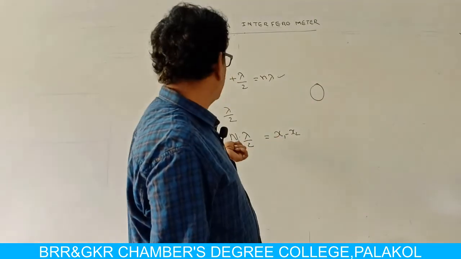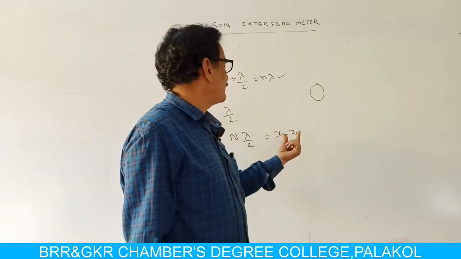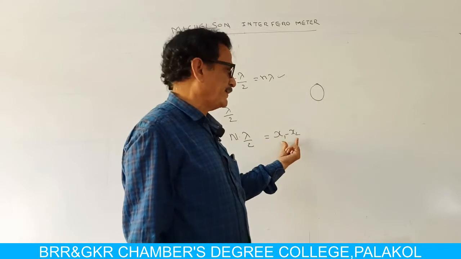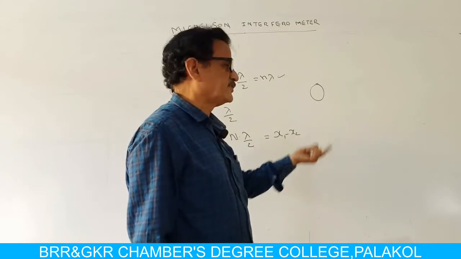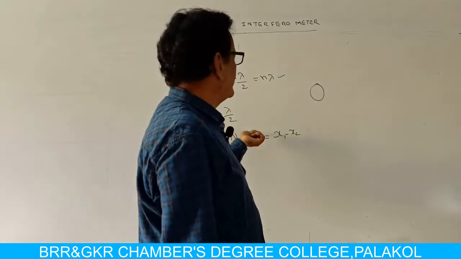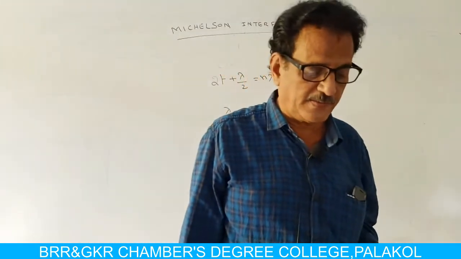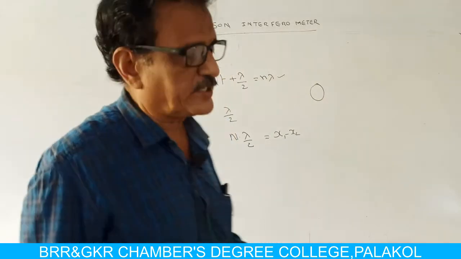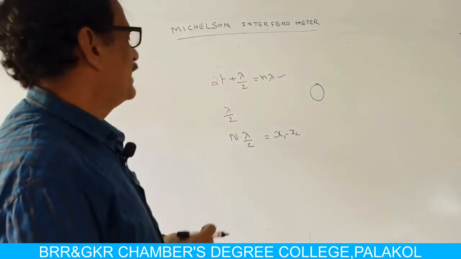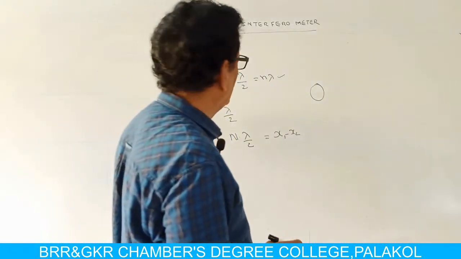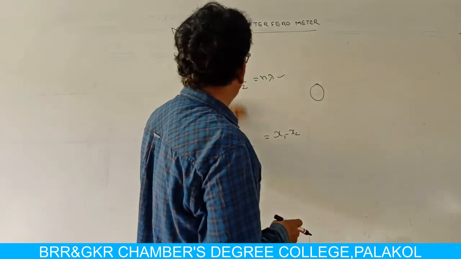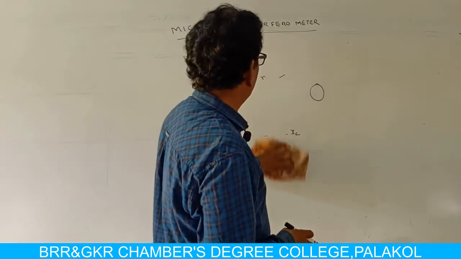By counting this number and observing this displacement of the mirror x1 minus x2, we can find the value of lambda. This is the way of determination of wavelength of a monochromatic light by using Michelson interferometer.